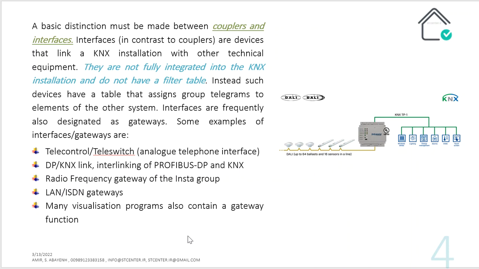The book provides some examples of gateways. For example, a gateway between KNX and a PSTN telephone command, or between KNX and Profibus in a PLC, or between KNX and a special radio frequency protocol, for example from some company like Insta, or many other things.